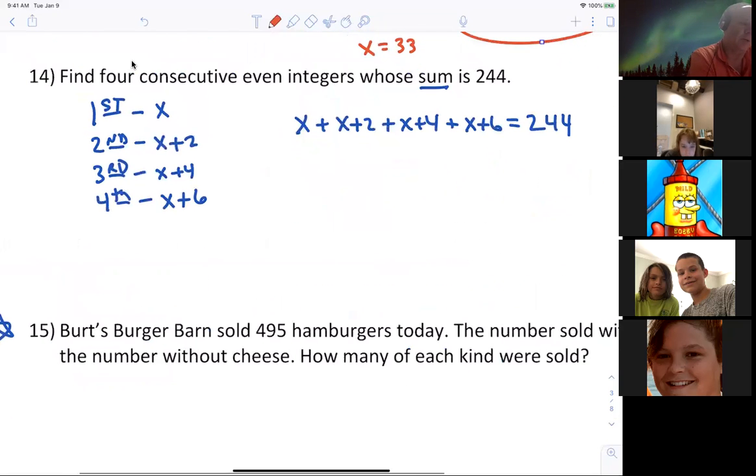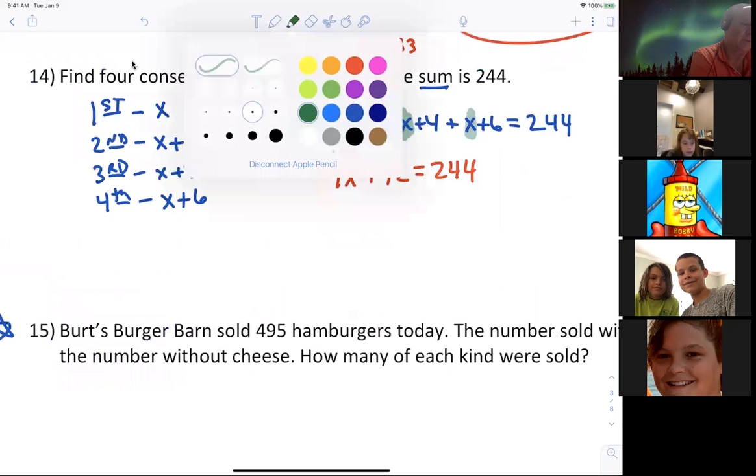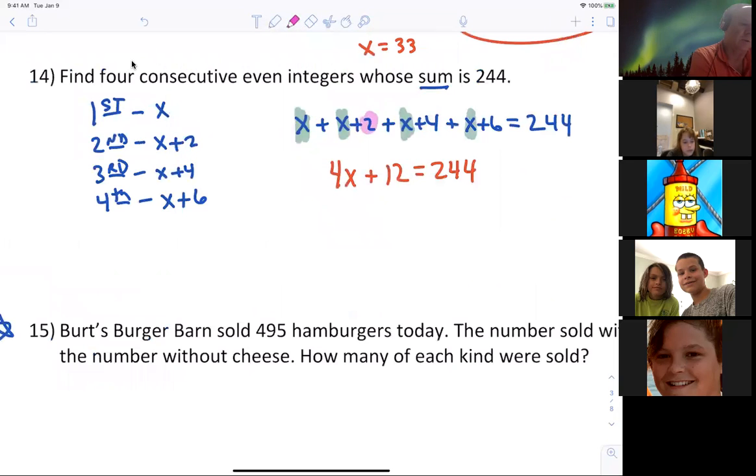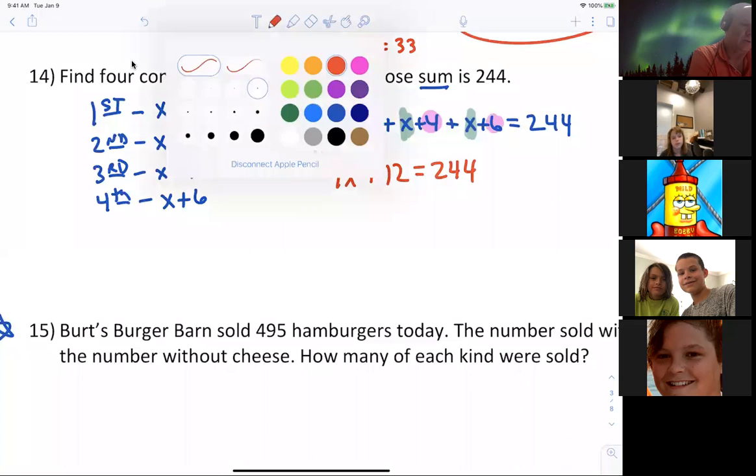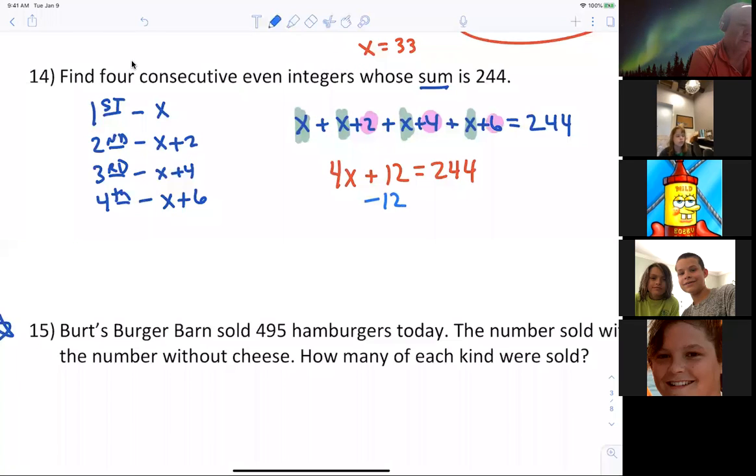Now, here we go again. 1, 2, 3, 4. 4x plus 12 equals 244. How did I get 12? Because I added 2 plus 4 plus 6. Now we need to subtract 12 from both sides. 4x equals 232.